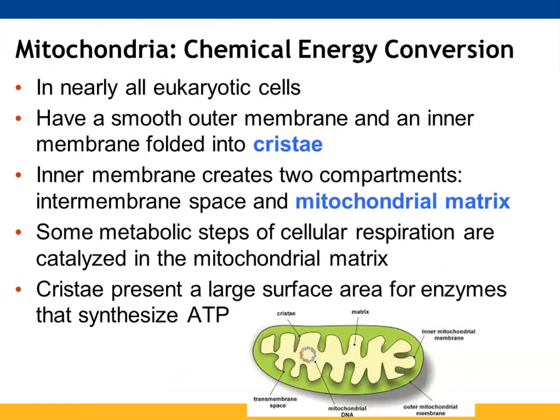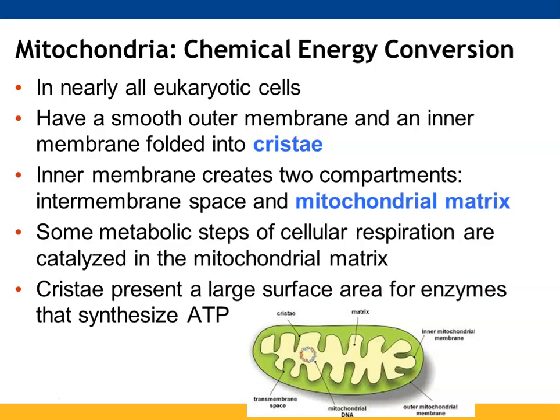So again, mitochondria are what give you your energy. They have, again, that double membrane. They have an outer membrane and then an inner folded membrane, which maximizes their surface area. That inner membrane results in having some space between the two membranes, the intermembrane space, and it also creates a matrix, which is what's inside the folded area.